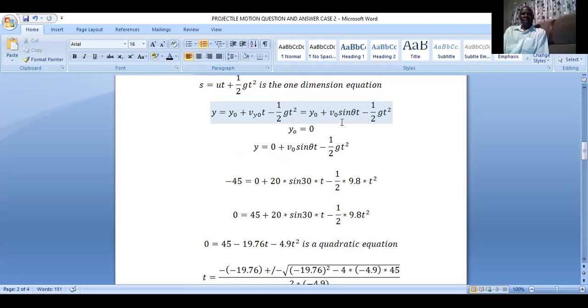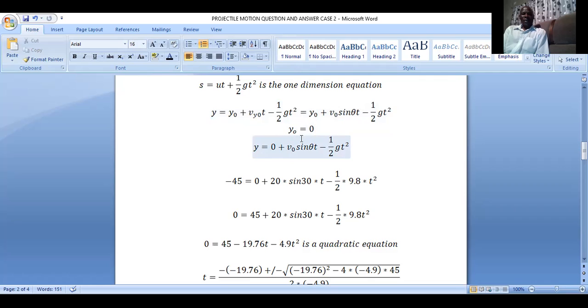Which I've simplified here, where we said Vy initial, which is the component in the Y direction, is initial velocity times sine theta. And so this is the expression that will enable us to calculate the time.